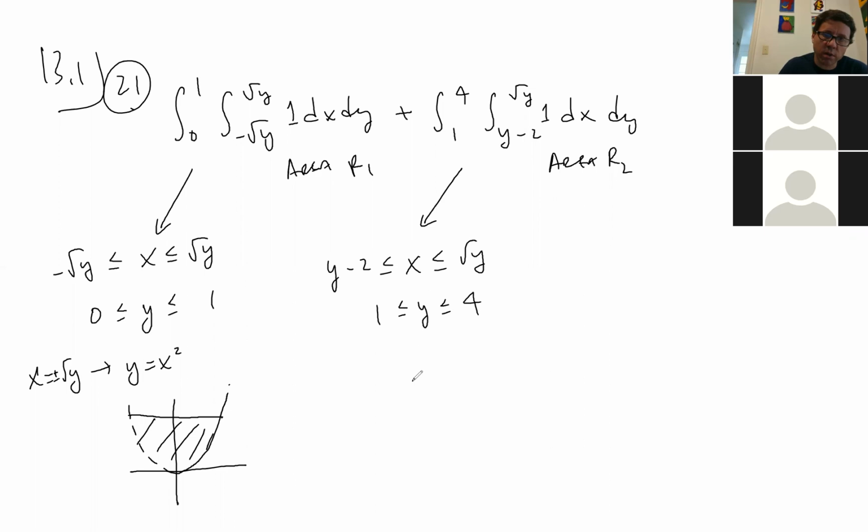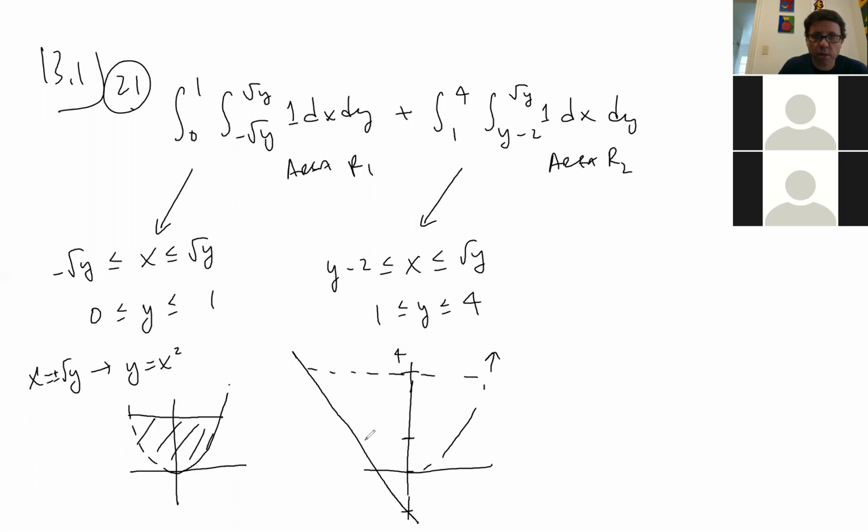So if I draw those, the right-hand side is the positive parabola. The left-hand side, y minus 2, what does that look like? Well, I go 2 units down, and then I draw a line like that. It looks kind of ugly, but between 1 and 4 for y, I'm talking about this.